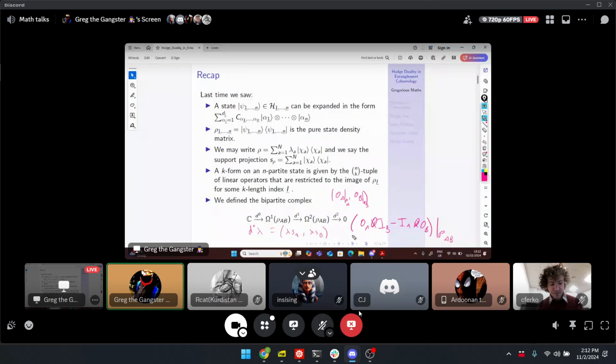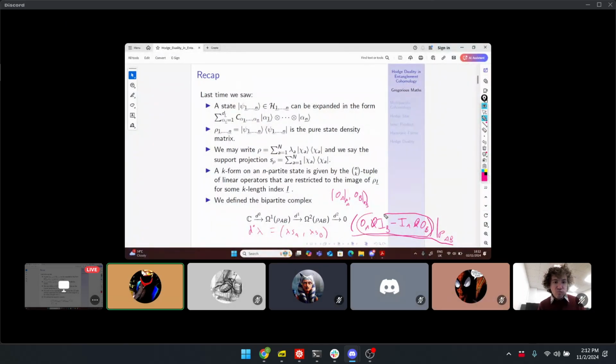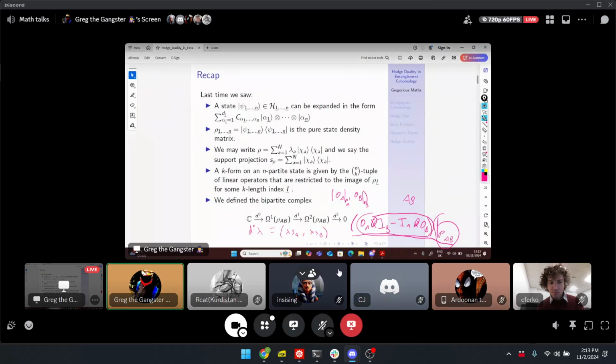And notice that this is a two-form because we've got one guy acting on AB, and then we restrict it to the image of rho AB.